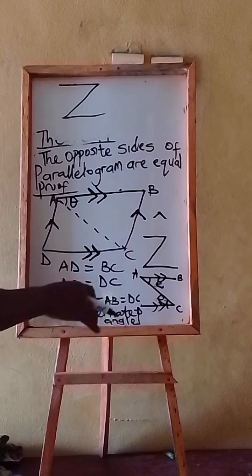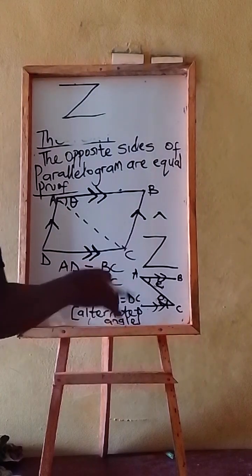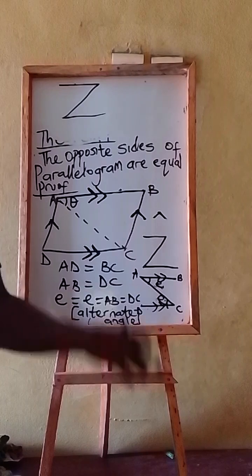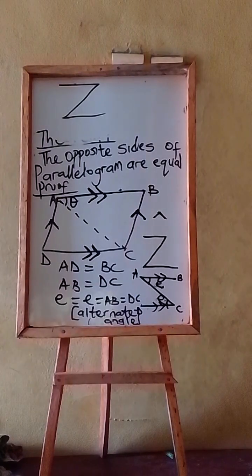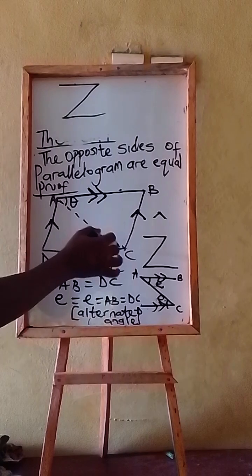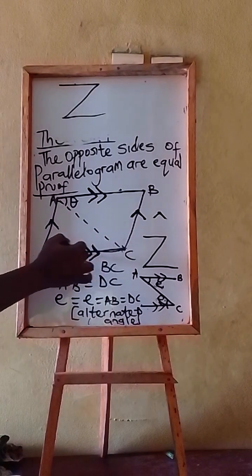So E equals E, that is AB equals DC. We call it alternate angle.